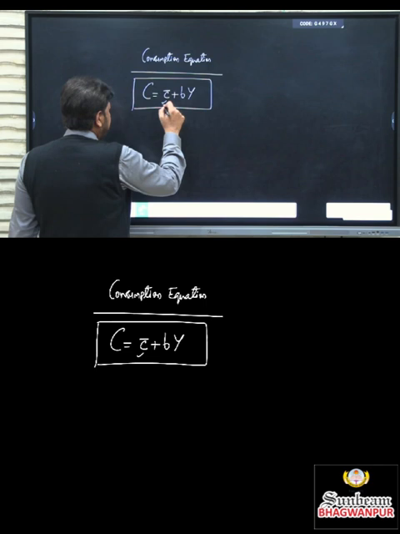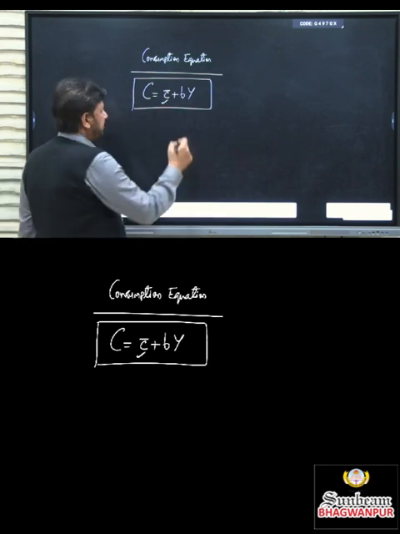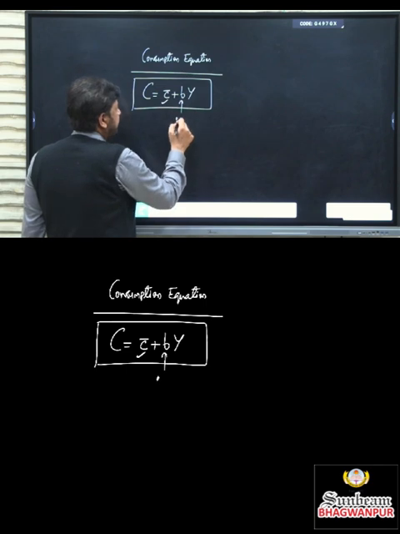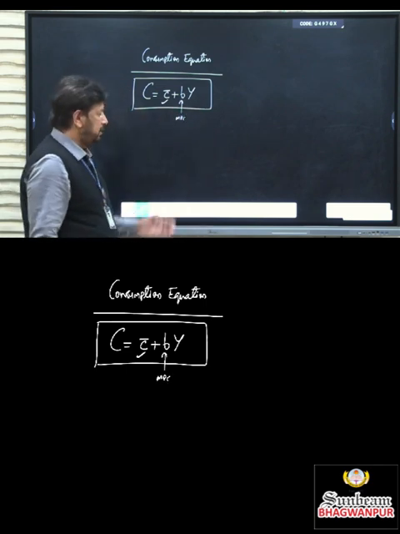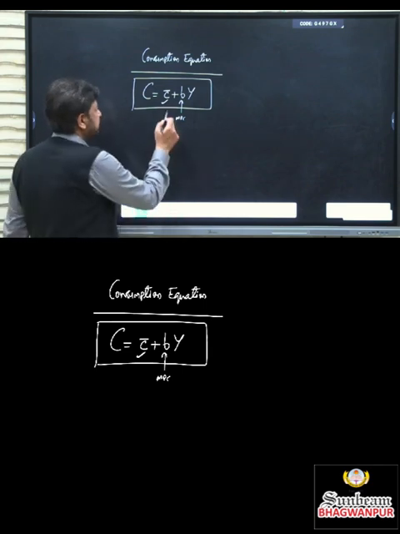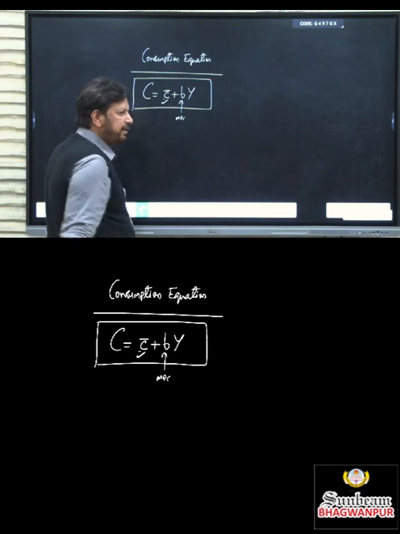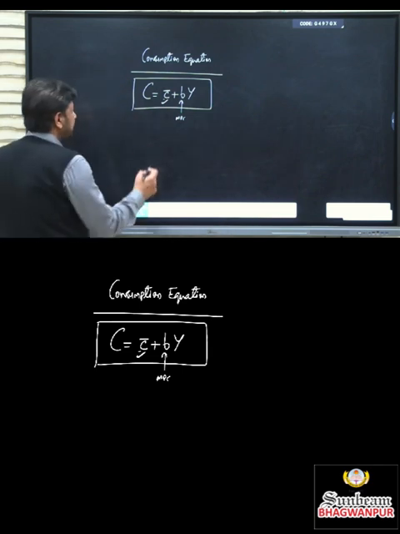C bar, I hope you understand what C bar is. This is autonomous consumption. b stands for MPC and Y stands for income. Consumption has two parts, autonomous consumption and induced consumption. So basically this part is showing autonomous consumption, and the other part is showing induced consumption.